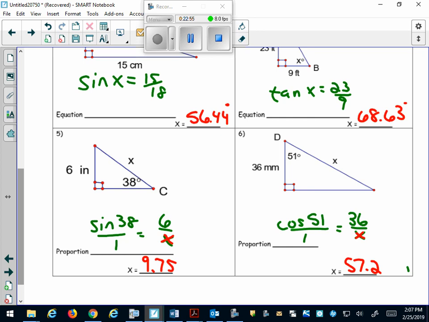Can the cosine of an angle ever be greater than 1 whole? Anybody have a good explanation for why it has to be less than 1? Or actually, could it ever be equal to 1? Ella, what do you think?